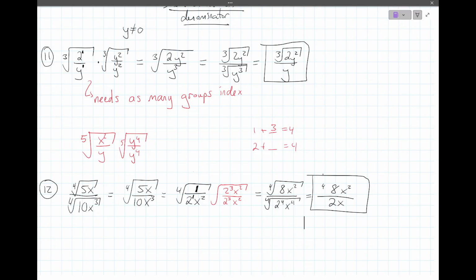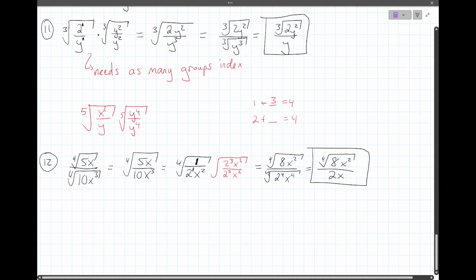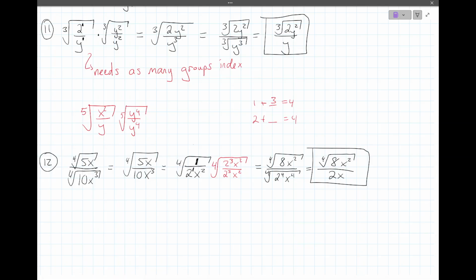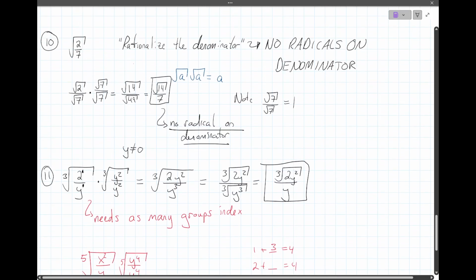So that has been simplified, so the numerator has a radical on it, but the denominator is radicalless. We've removed all radicalization from the denominator. Good job. I forgot that 4 there, but I remembered it for all the 3's.